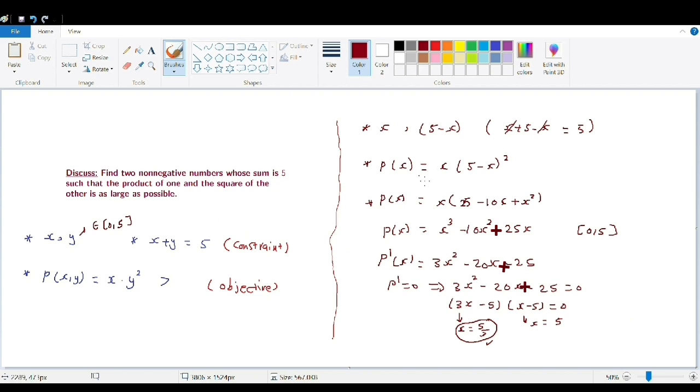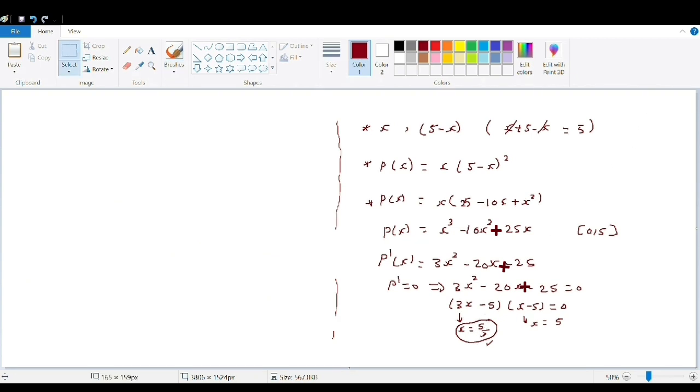So now let us evaluate the value of our function at x equal to 0, at x equal to 5, and at x equal to 5/3 to choose the largest point. So we need to evaluate what is the value of p of 0, what is the value of p of 5, and what is the value of p of 5/3.